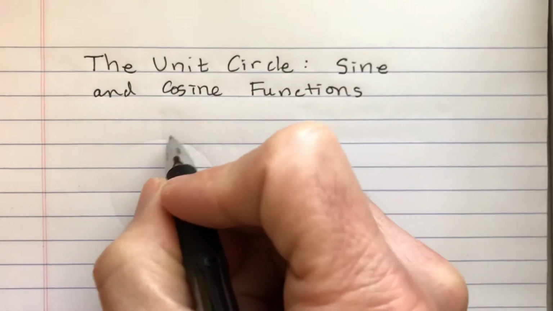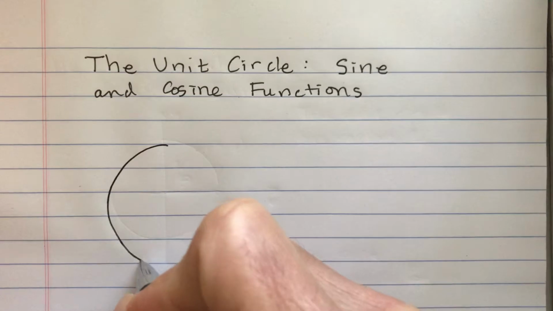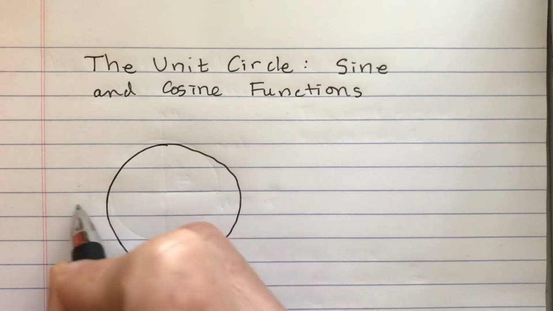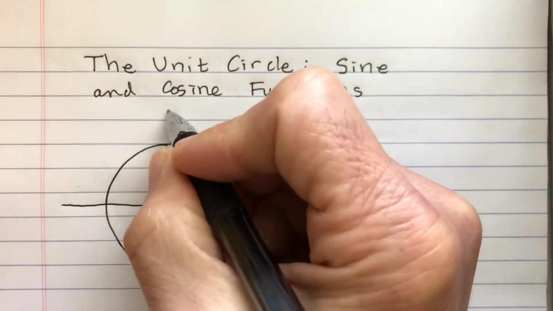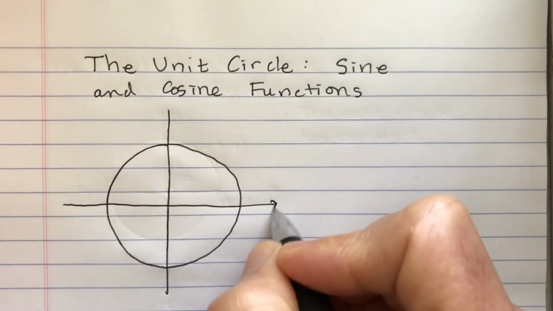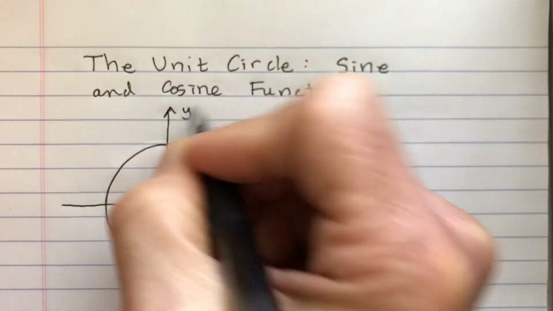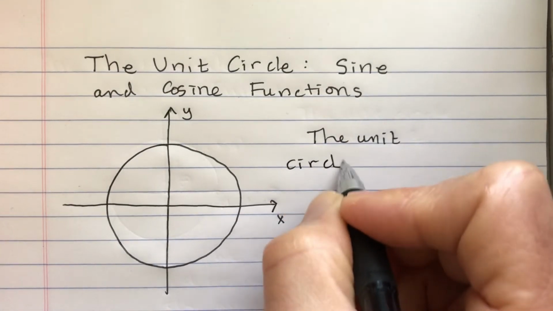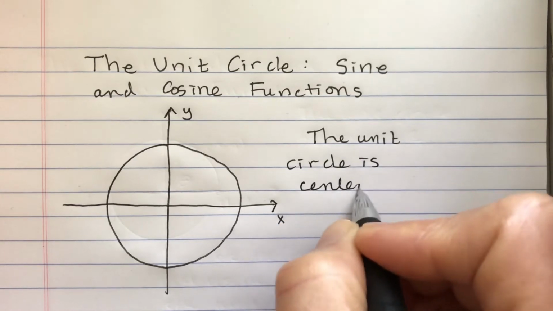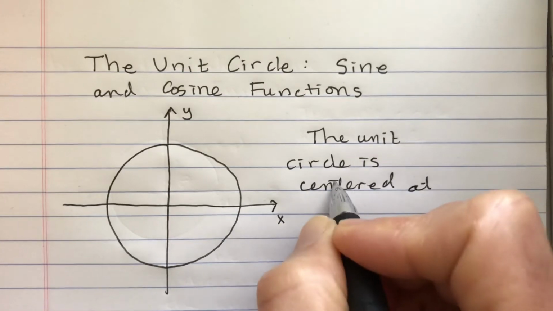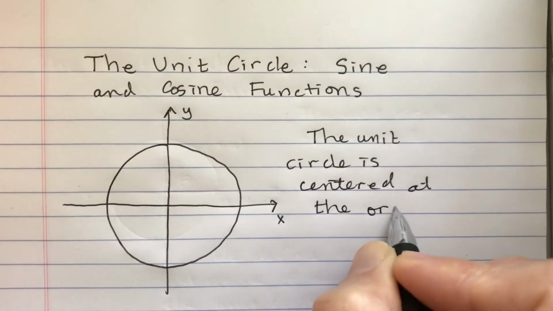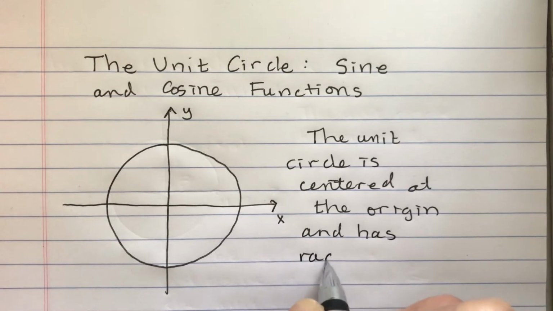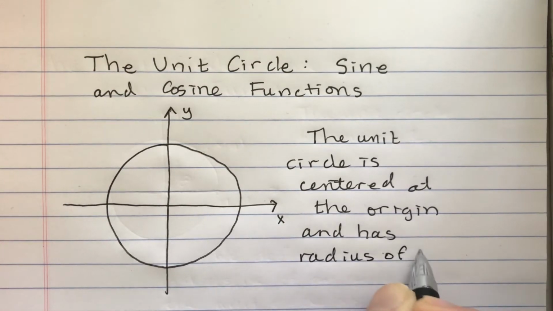So I'm going to begin by drawing the unit circle. The unit circle is a circle on the XY plane, and it's centered at the origin and has radius of 1.